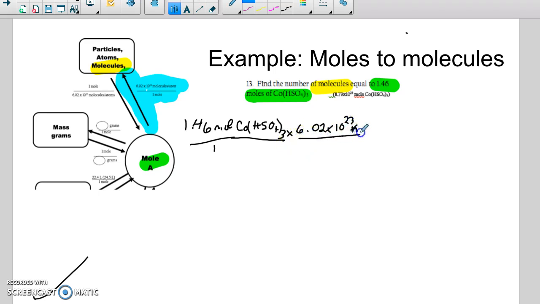And there's that many molecules of anything, but in this case, this compound, in 1 mole of that compound. So you can see that the moles are going to cancel. I'm going to end up with the unit molecule, which is great because that's what I'm trying to solve for.